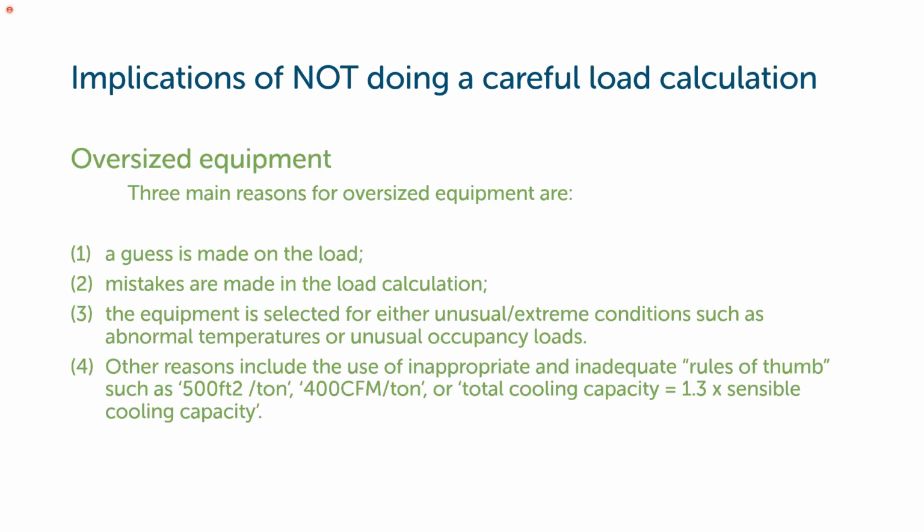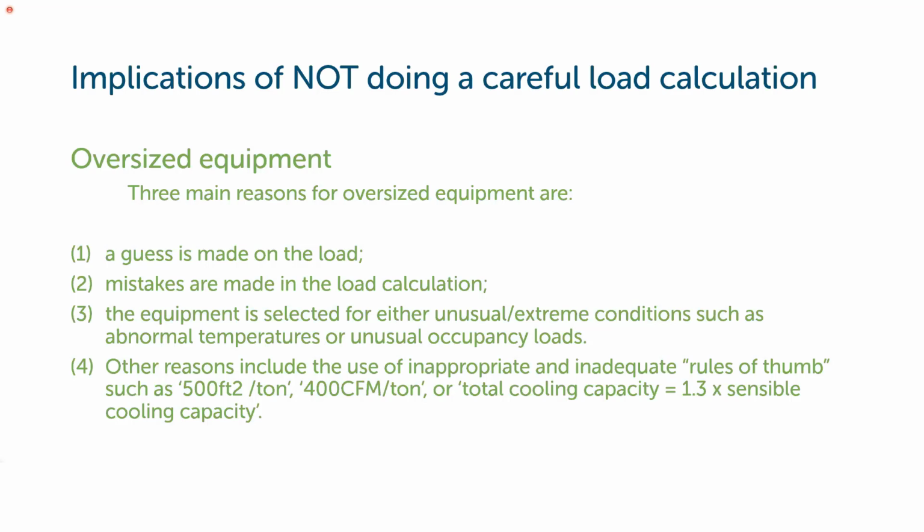We have new buildings that have much lower loads than they used to be, much less air leakage, much better performing building envelopes. So that has significant implications on comfort when you're not paying attention to sizing methodologies.